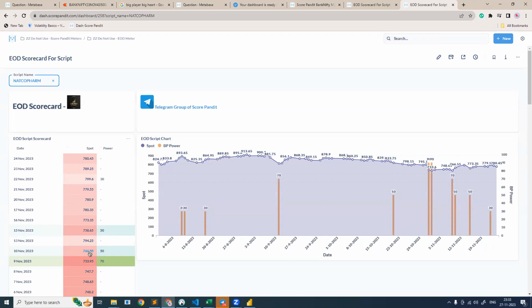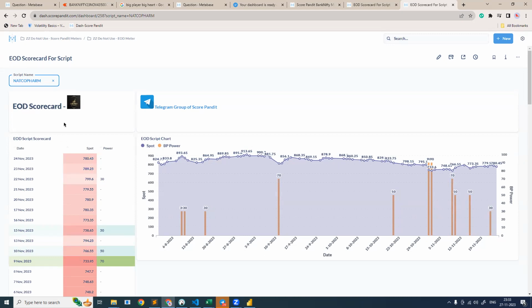At 766, you saw how beautifully after a few days, within 7-8 sessions, the price moved from around 733 to a highest of 789. In terms of percentage, this stock has given a very nice almost 6 to 7% returns within less than 10 to 12 sessions.